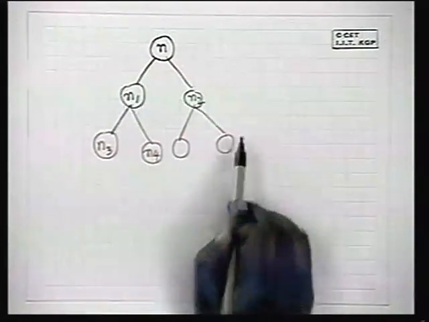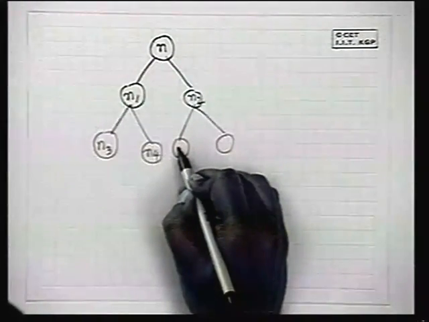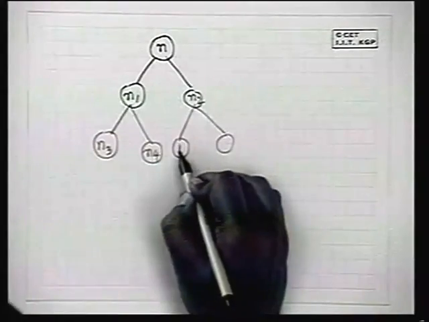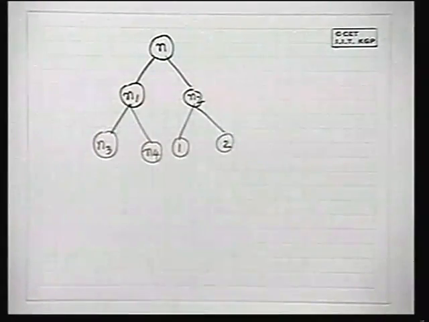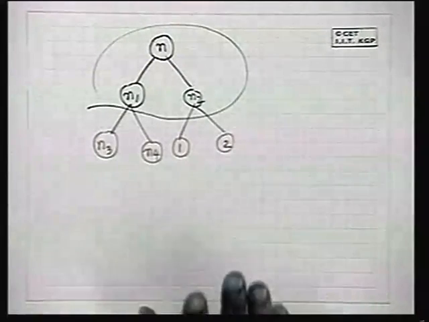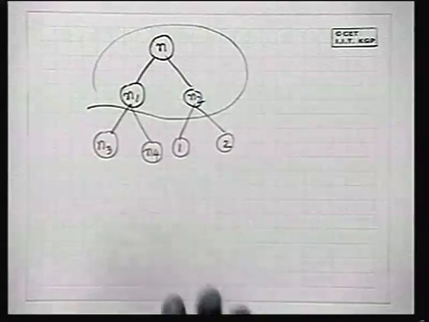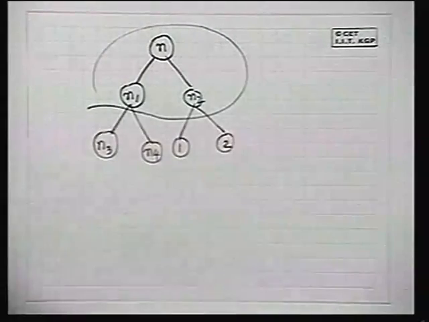The leaf nodes will be of two types. If the n value here, that is the number of elements, is 1 or 2, and the internal nodes will have more than 1 or 2. Clear? Internal nodes will have more than 1 or 2.